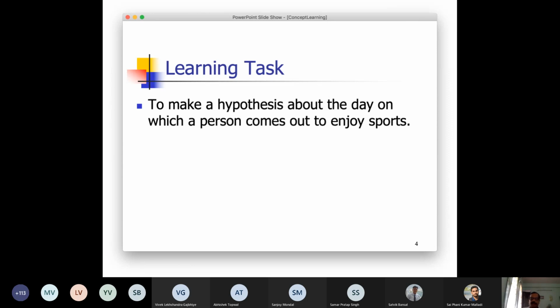Now, you have to make a hypothesis, which is a representation.